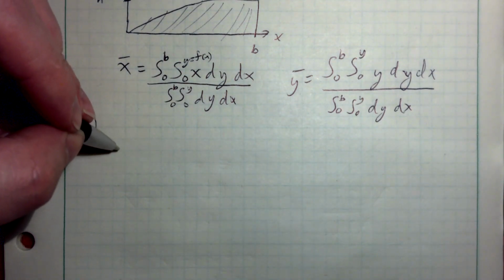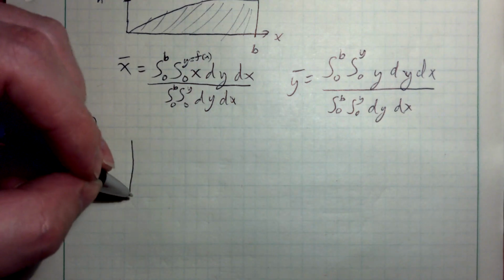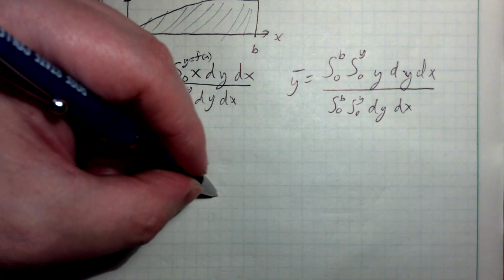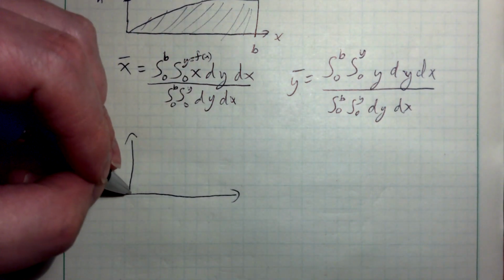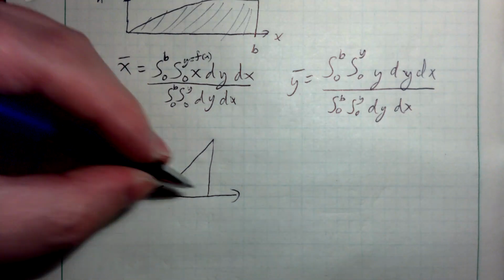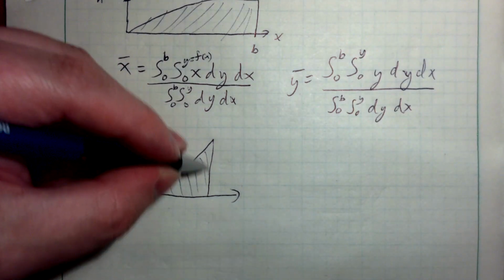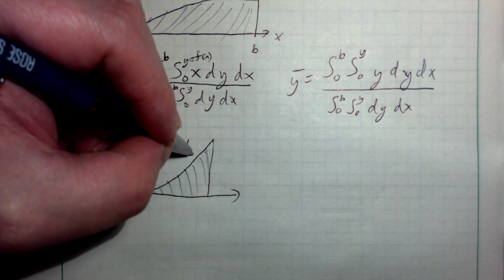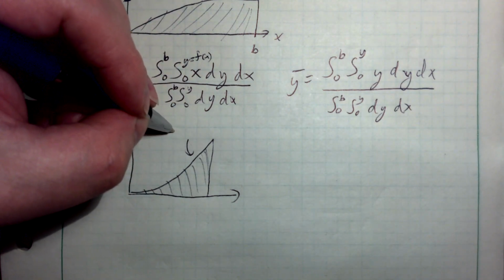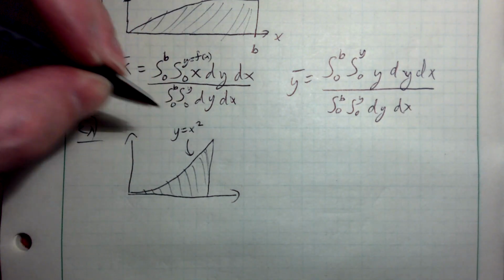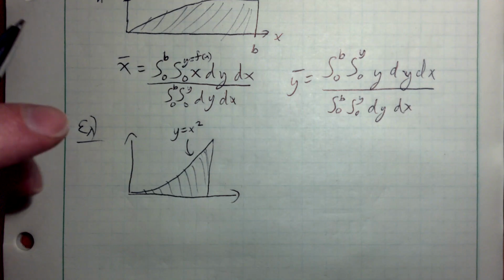Let's say this is my example. Let's say that I've got, very simply, the function. So this is my shaded area here. And let's say that this is my function here, y is equal to x squared. That's my function.